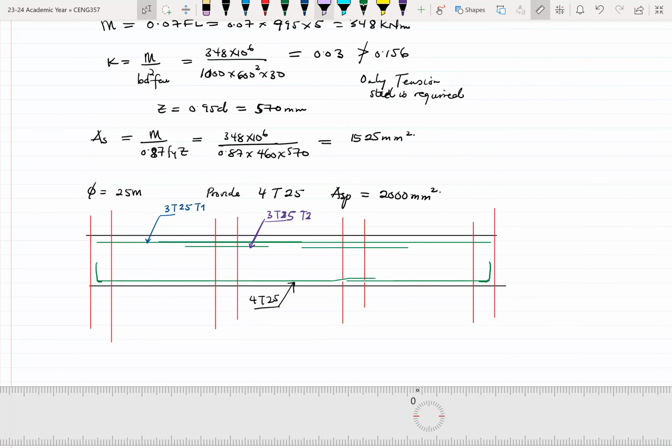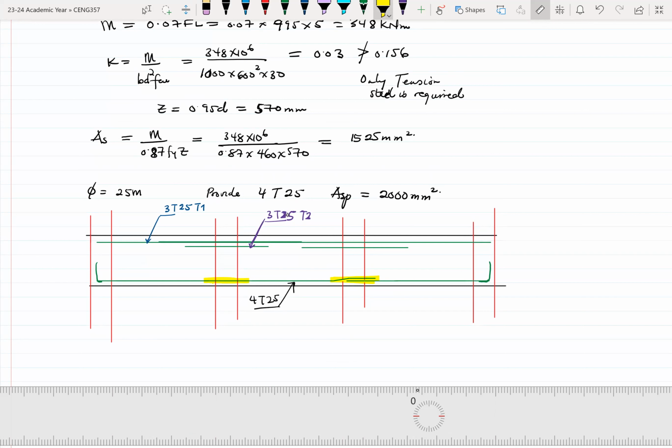So normally it means that in this zone over here, this is a compression zone for the support area, all right? But we already have 4T25 passing through, all right?